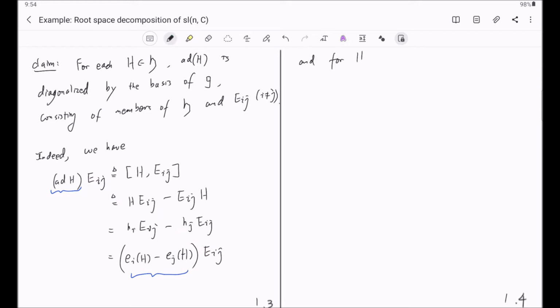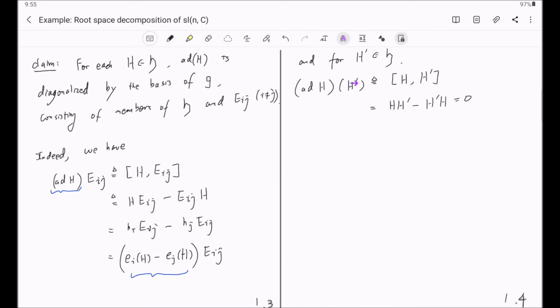And for h' in h, what is ad h applied to h'? This will be equal to, by definition, the Lie bracket of h and h', which is hh' minus h'h. But h and h' are diagonal matrices, so they commute with each other, which means this will be equal to 0.